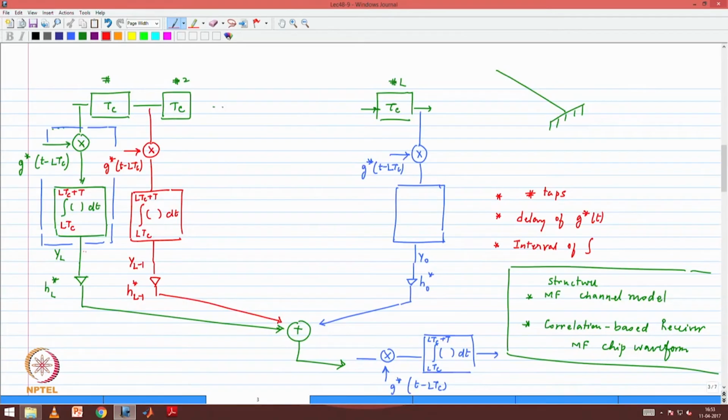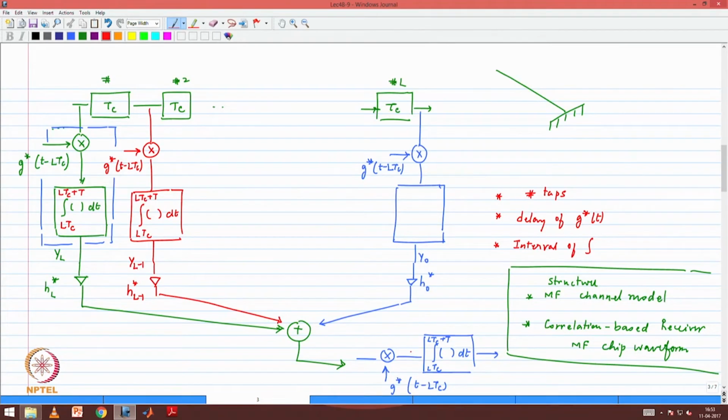Basically, this is the form that we had looked at. There are L plus 1 taps, and each of those taps went through a correlation-based receiver, which is multiplied by g star and then followed by an integration, with the corresponding coefficients added together. The observation that we made was that the block within the blue in each of those branches, because this is a linear operation, can be moved after the summation.